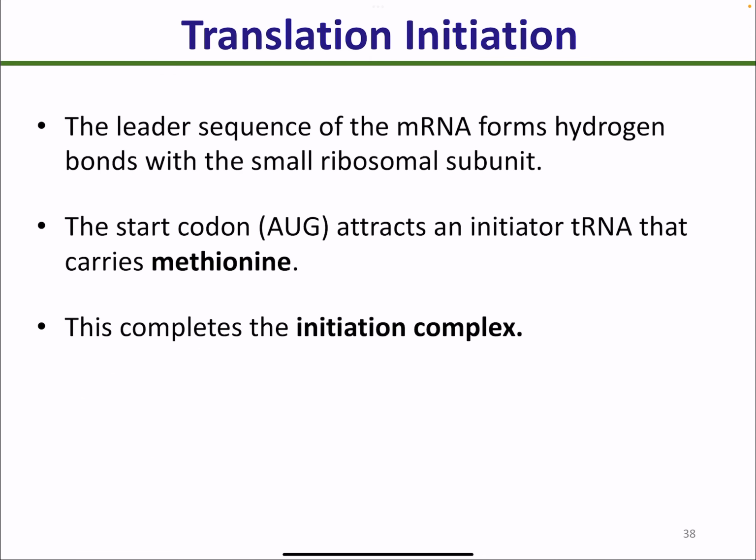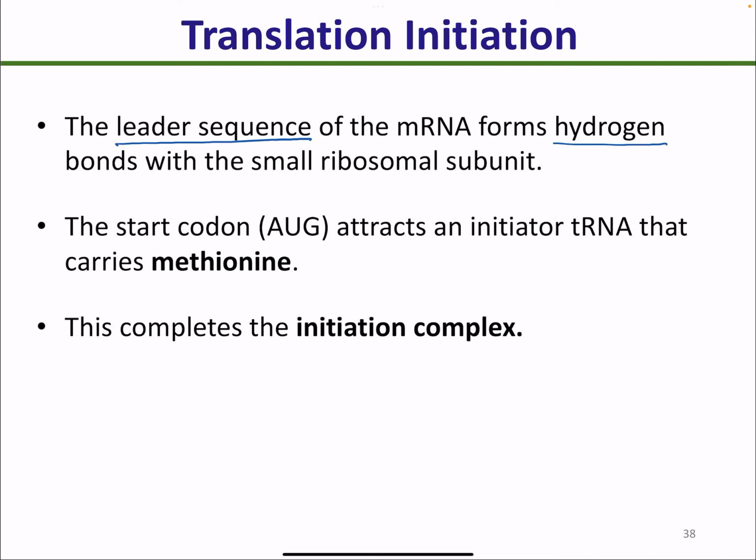All right. So, first and foremost, you have on the messenger RNA, at the beginning, a part that actually doesn't account for any amino acid. That segment is called the leader sequence. That leader sequence is essential for the small ribosomal subunit to come and bind. And by the way, this binding is occurring because of hydrogen bonds, okay?